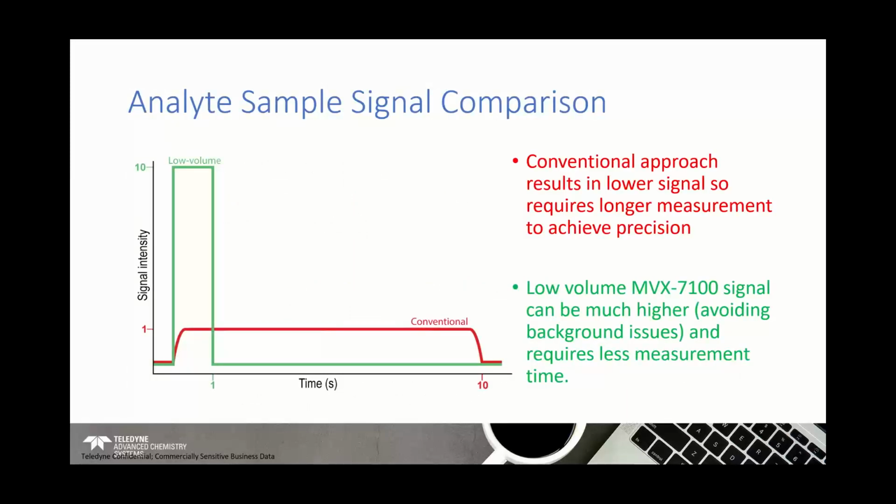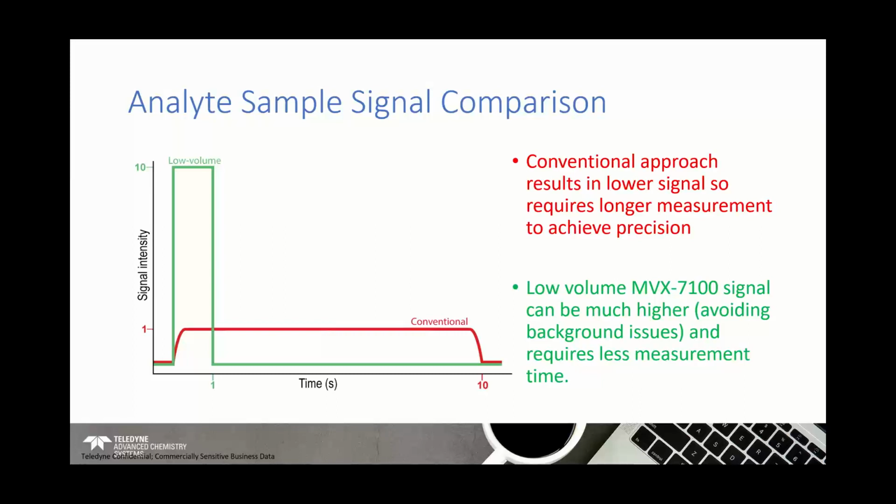So what you've got here is, if you follow the conventional approach, the red line here, you're going to have a lower signal to work with. And for the analytical precision that you want to achieve, you will have to introduce sample for a longer period of time, hence the larger volume. It takes something of the order, I believe, of 10 to 20 minutes of sample introduction so that you've got the precision that you want.